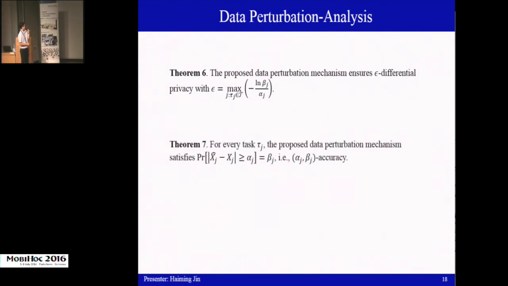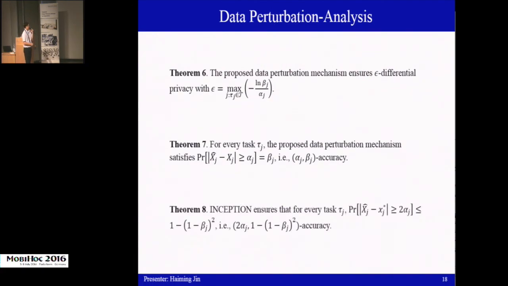And for every task, the proposed data perturbation mechanism also satisfies alpha j, beta j accuracy for the aggregated result before and after perturbation. And then overall, we proved that Inception ensures that for every task tau j, 2 alpha j, 1 minus beta j squared accuracy is satisfied for the perturbed result compared to the ground truth xj star.